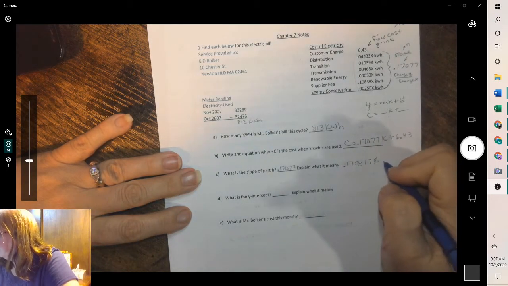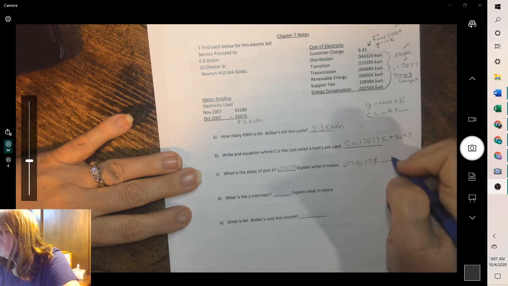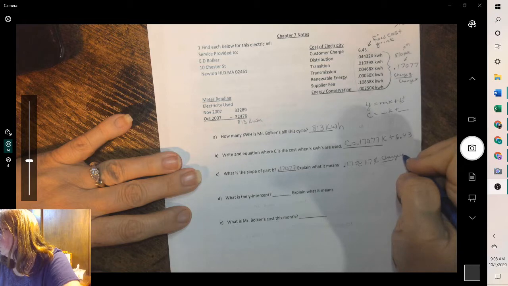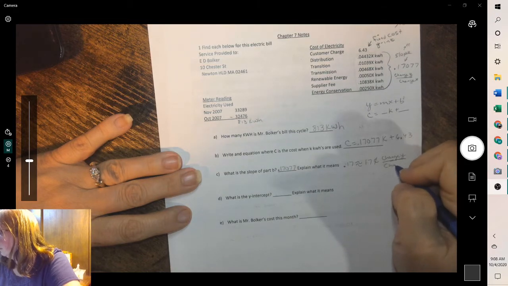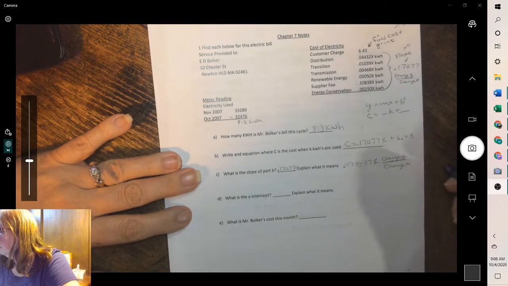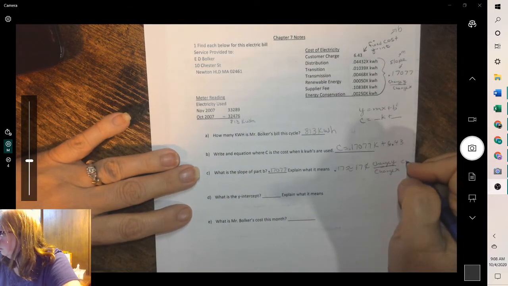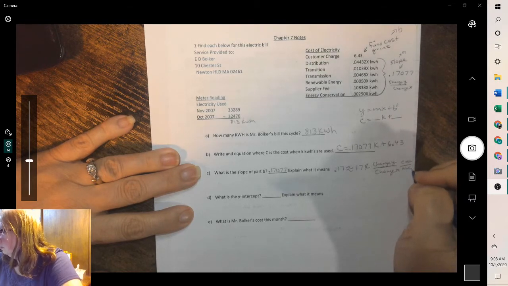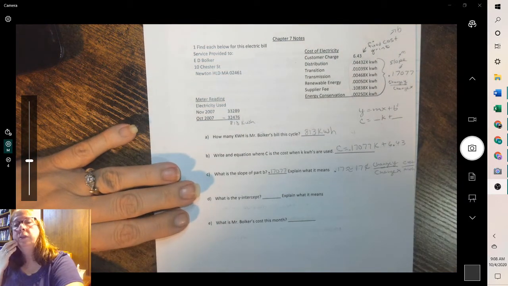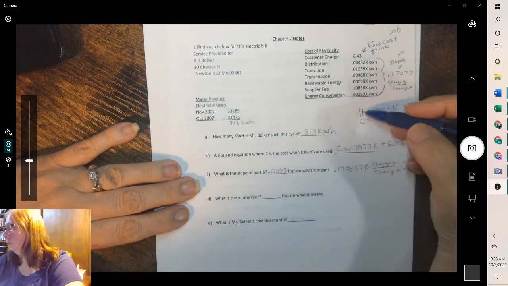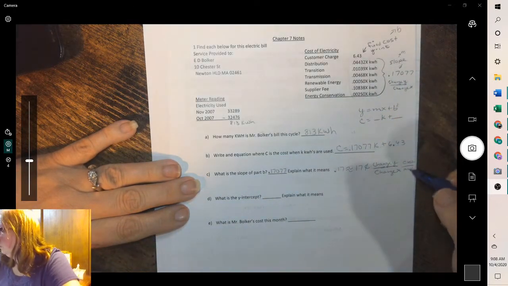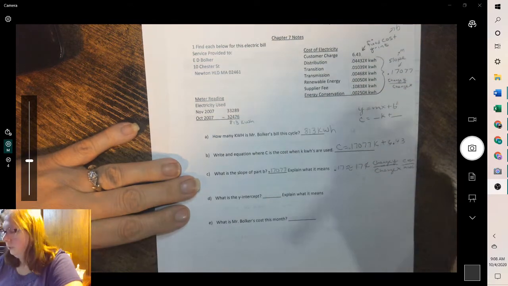Now when we're talking about slope, it's change in y over the change in x. Our y is the cost, and x is kilowatt hours. Cost, kilowatt hours. You start with x moving 1 unit.